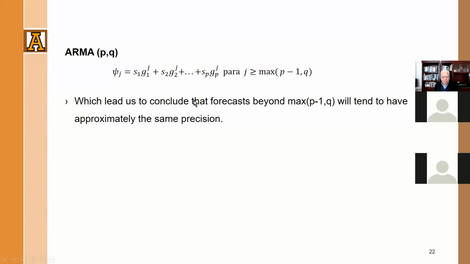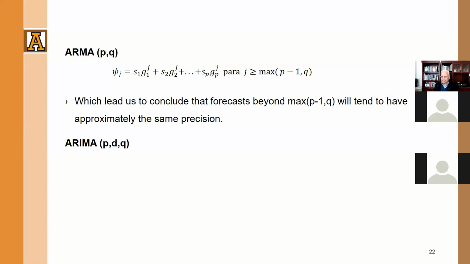The Jth weight. And if we now use the expression for the variance of the forecast error, then the forecasts beyond this maximum will tend to have approximately the same precision, okay? Because the variance will also tend to be constant after we exceed the maximum between P minus 1, P being the order of the autoregressive polynomial, and Q. Okay. That's for an ARMA(P,Q).